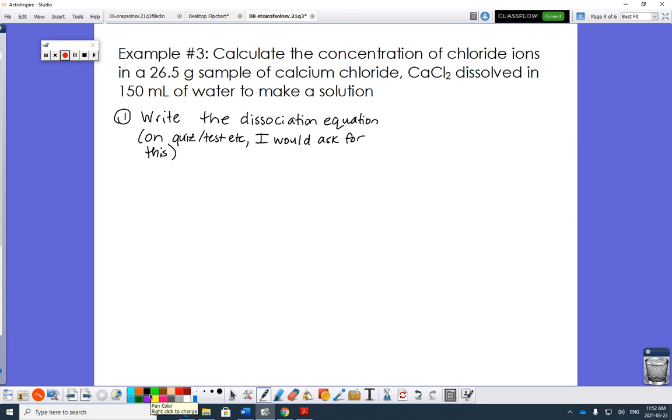Okay, so in this question, we need a dissociation equation because we're changing calcium chloride into chloride ions, but I won't make you guess that. I would ask for the dissociation equation. You would get marks for it, okay?